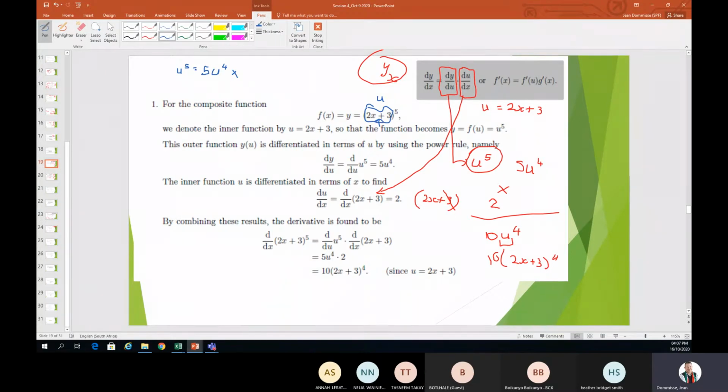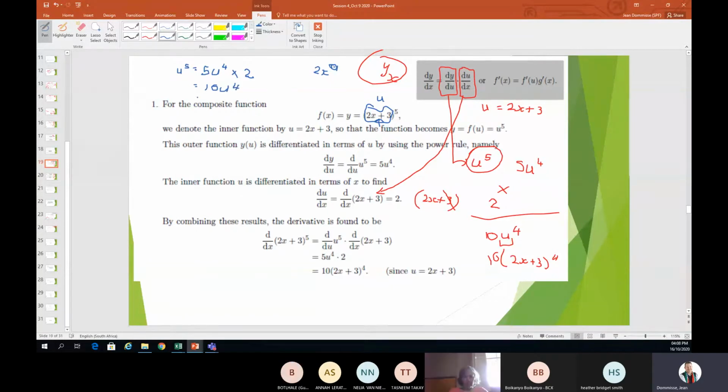If we differentiate that, it is just 2, so 2x becomes 2, and the constant 3 differentiates to 0. So then we have 10u to the power of 4.